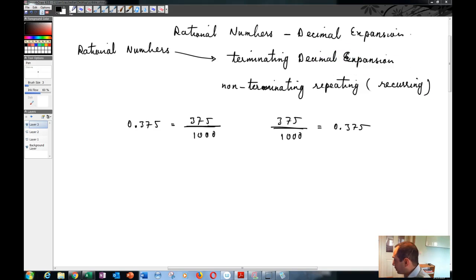On the other hand, there are some numbers that do not terminate.